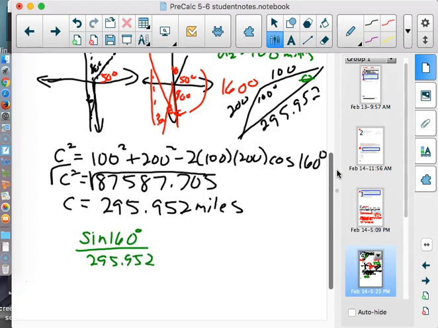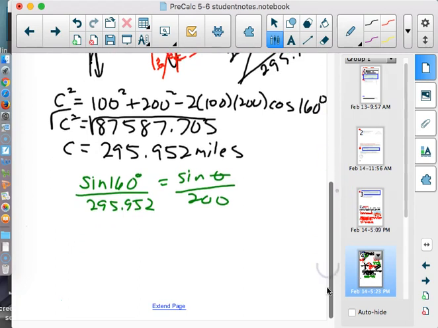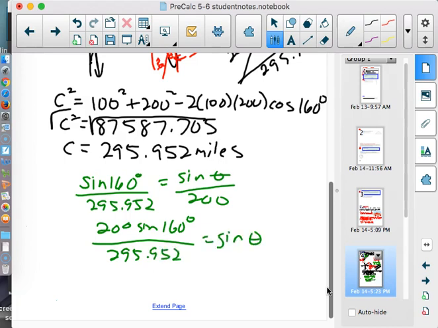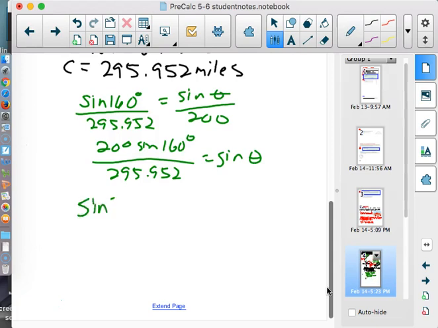So that's going to be helpful that we stored that. And then we want to know what our little theta is going to be there. So the sine of theta over the side opposite that, which is 200, straight across from it. So we'll have ourselves a little proportion here: 200 sine 160 degrees divided by 295.952 equals the sine of theta. So what we're going to have to do to get the angle back is inverse sine.